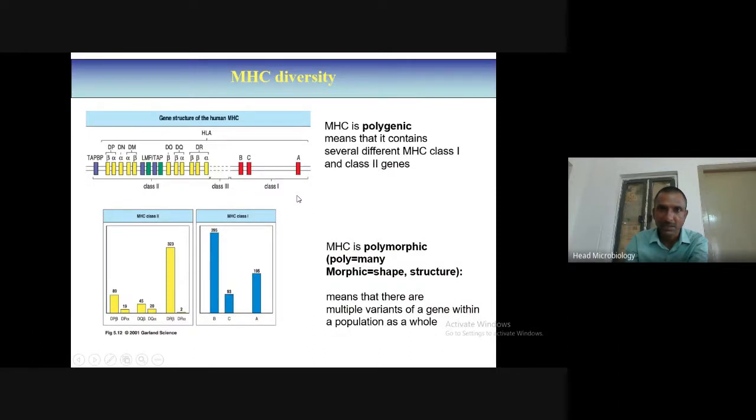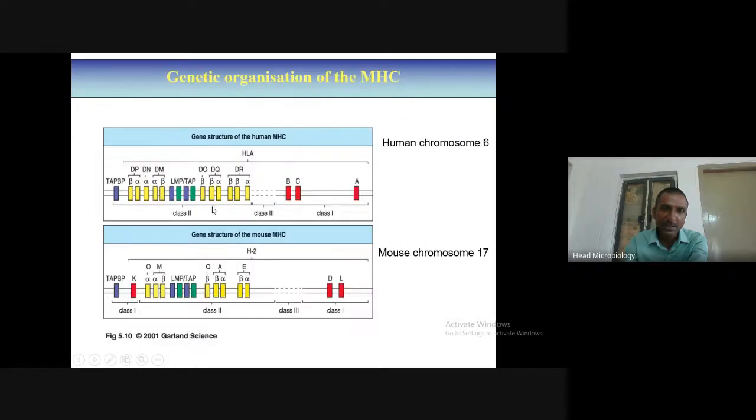MHC is polygenic, which means it contains several different MHC classes. MHC is also polymorphic, meaning there are multiple variants of a gene within the population.